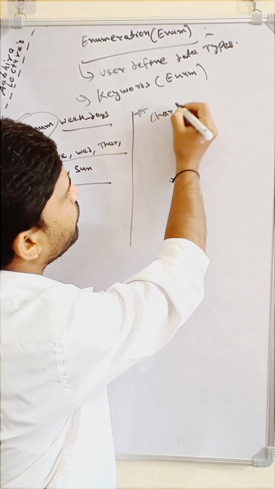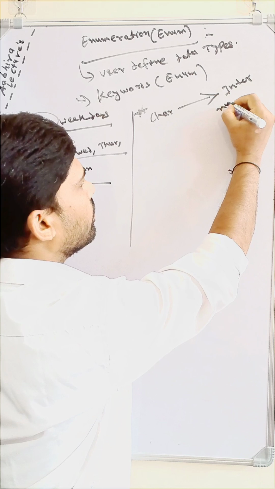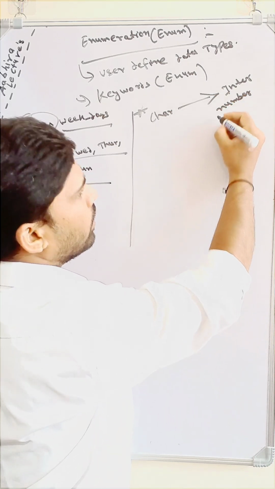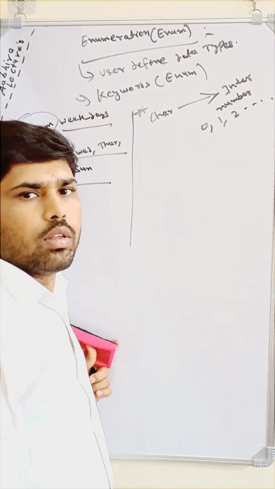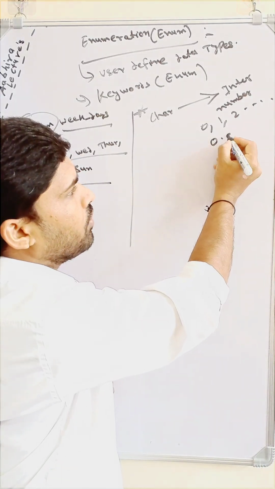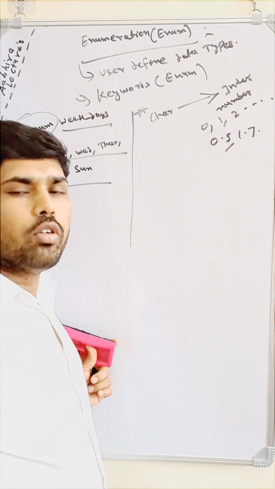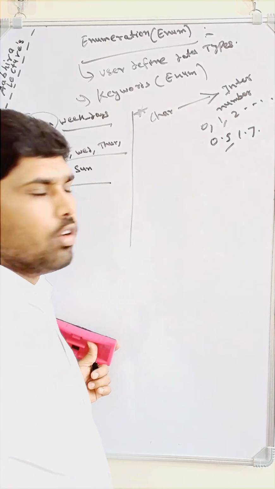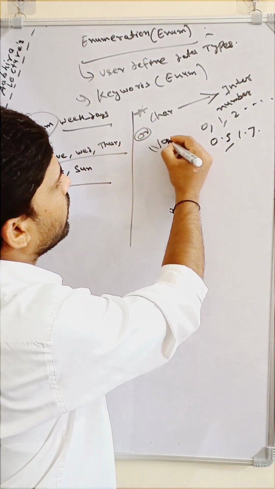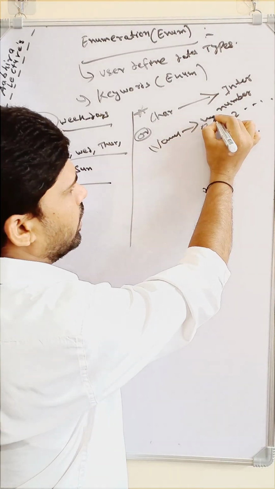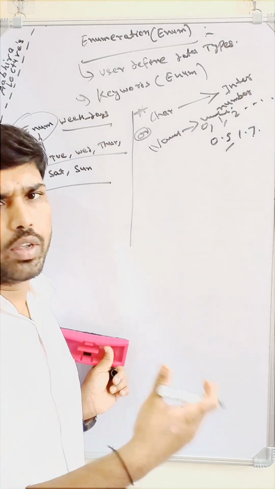We change from character to integer numbers, like 0, 1, 2, 3, integer numbers only. If you try to give 0.5 or 1.7, anything in decimal, it will not take it; it will take only integer values. It will change from name to number. So this is the main purpose of enum.